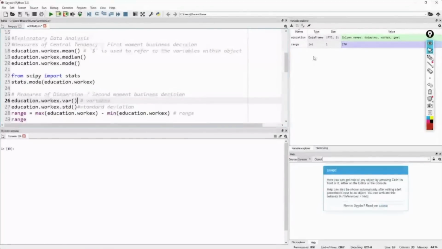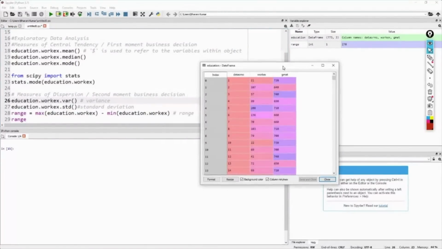So education dot work experience dot variance. What does that mean? Let me open this. If you want to calculate variance of a column called work experience, and since this work experience is in this data set called education, you say education dot work experience dot variance.